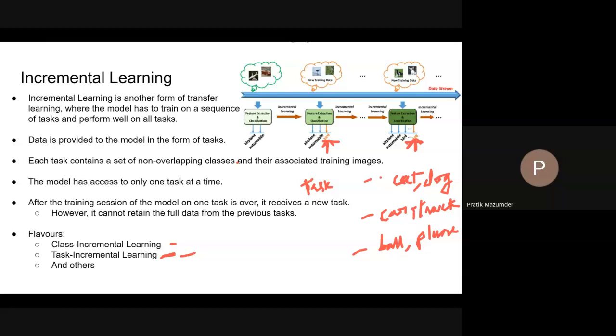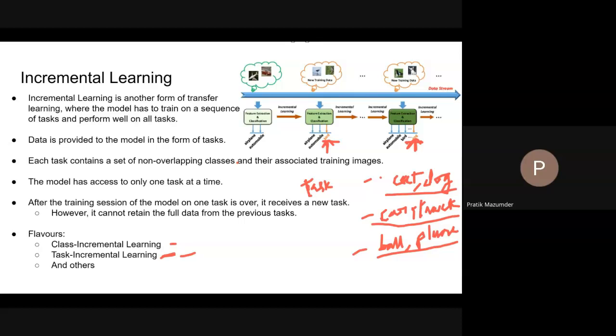Generally, task incremental learning is a setup where you will be made aware of which task your current test image belongs to. So while testing, if I tell you that your test image belongs to task 1, then I already know I have to classify it as a cat or a dog. If it belongs to task 2, my problem reduces to only checking between car and truck.